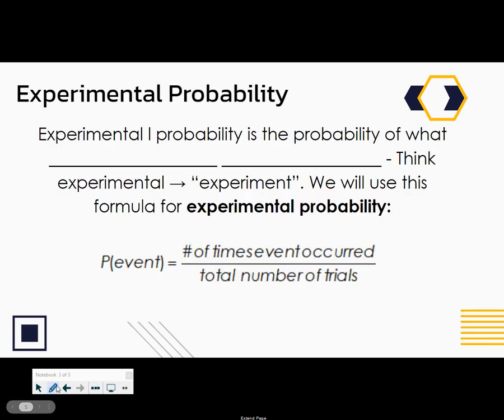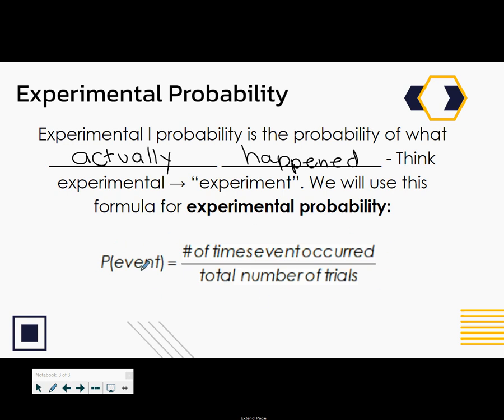Now, when we talk about experimental probability, that is the probability of what actually happened. And if we think about it, it makes sense. It's an experiment, right? So we are going to use this formula for experimental probability.